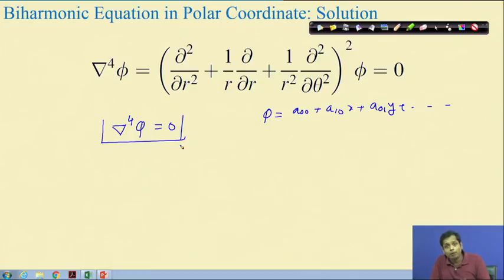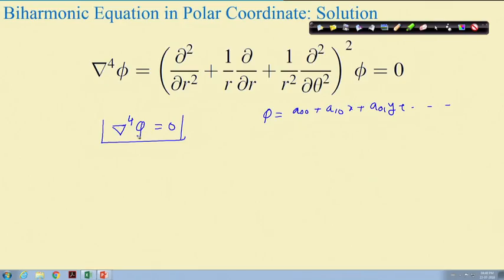So for a problem where we assume the expression of phi as up to a cubic polynomial, we did not have to explicitly show that the assumption of phi satisfies this equation, because the order is less than the order of the equation.